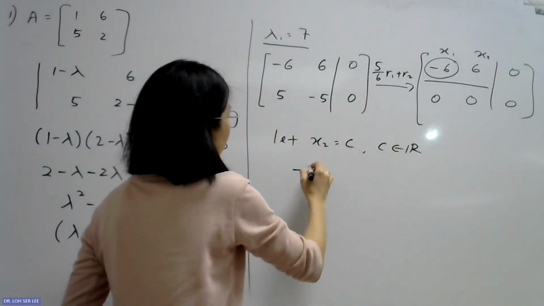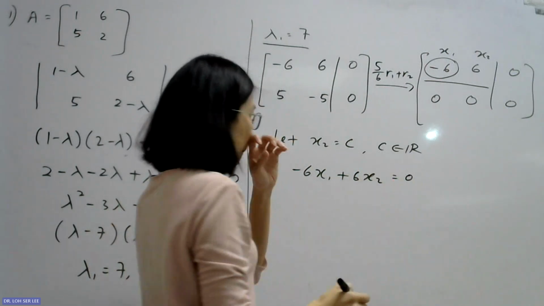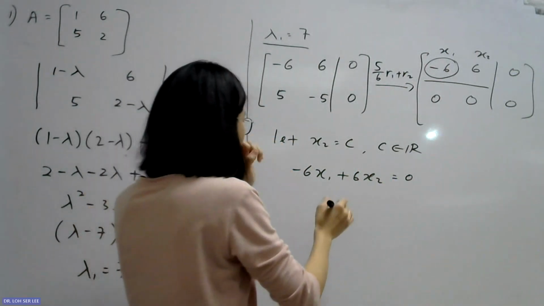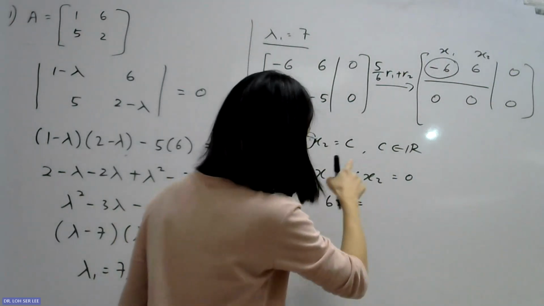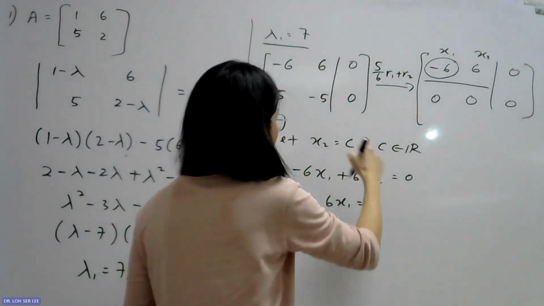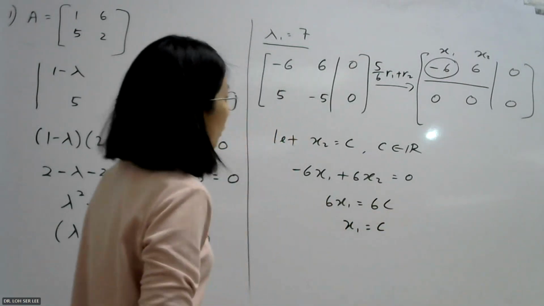From the first row, we have negative 6x1 plus 6x2 equals 0, so 6x1 equals 6x2. That's why x1 is C.